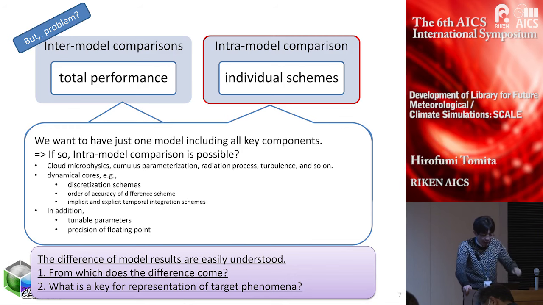At that time, the differences in model results are easily understood. For example, where a difference comes from, and which key component is the key issue for representing the target phenomena, and so on.